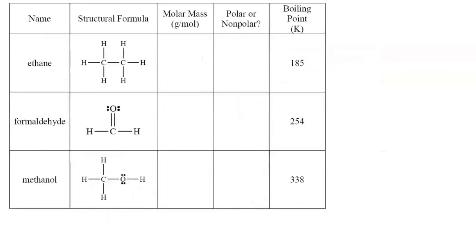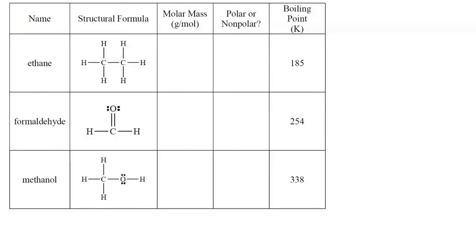So in preparation to answer question 23, let's take a look at the information in this data table. Ethane, formaldehyde, and methanol are given with their structural formulas. We also have boiling points. Let's fill in the missing information in the data table. For molar mass, we can use the periodic table to figure out that value. So for ethane, that would be 2 carbons and 6 hydrogens.